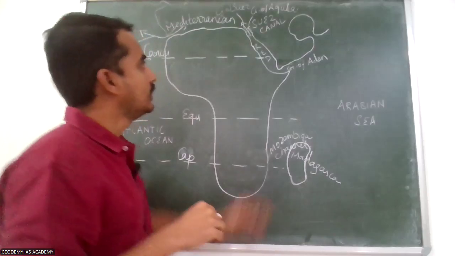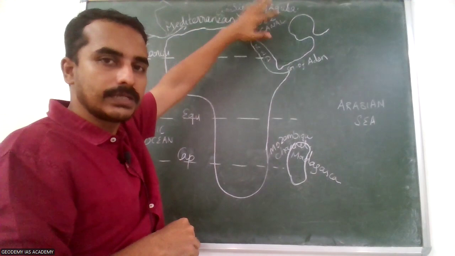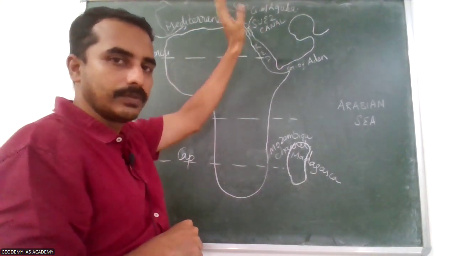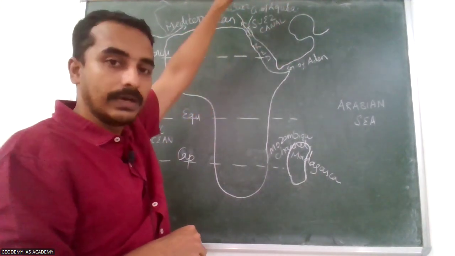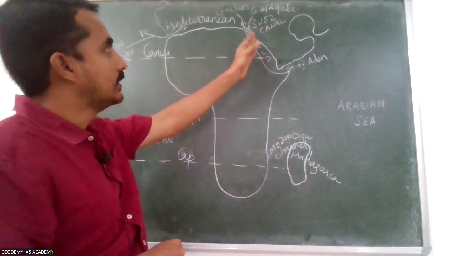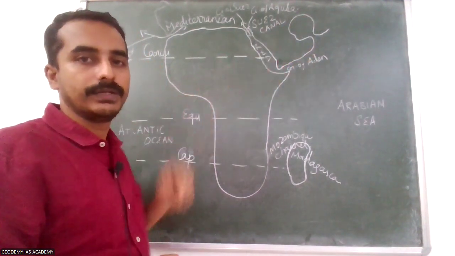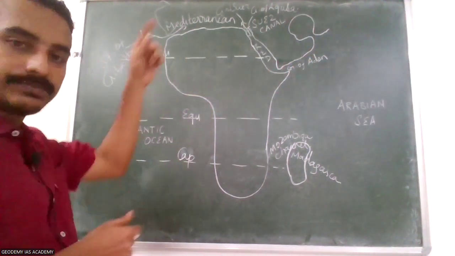In the West Asian region, almost all the countries have a border with a sea, except the Armenian region. They have borders with the Red Sea, Mediterranean Sea, Gulf of Persia, Gulf of Aden, and the Caspian Sea.